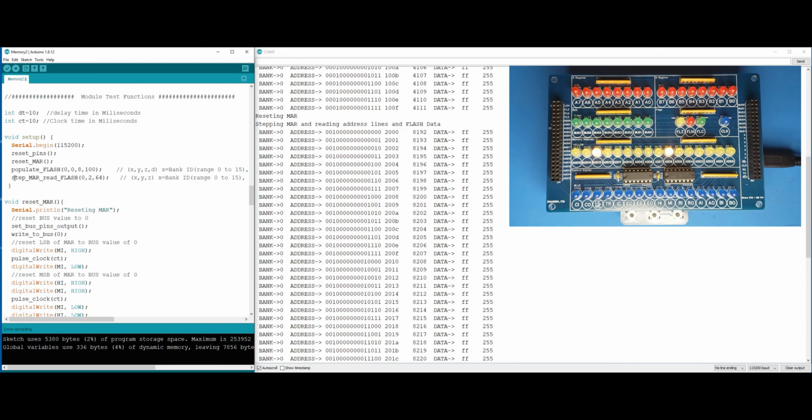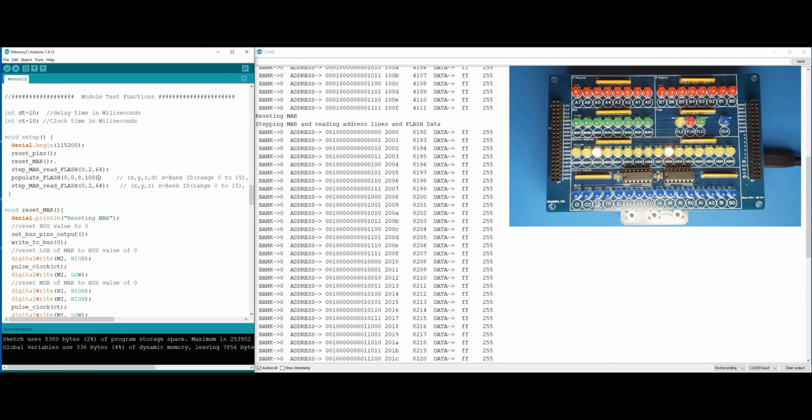So the first thing that we're going to do, we're going to move this function to the top, and we're going to write something to, let's say, bank 0 and, let's say, sector 0. All right, so we're going to write to bank 0, sector 0.